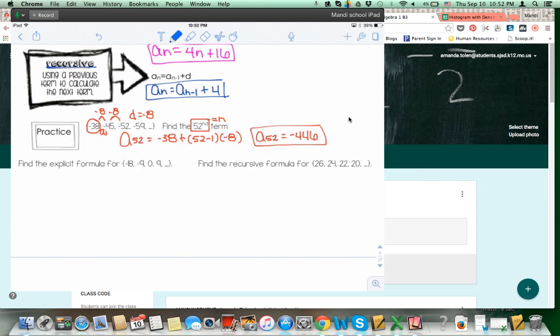Okay, the explicit formula for this one. A sub 1, our common difference, we're adding 9. I'm adding 9, so d is 9. So a sub n equals a sub 1 plus n minus 1 times the common difference of 9.